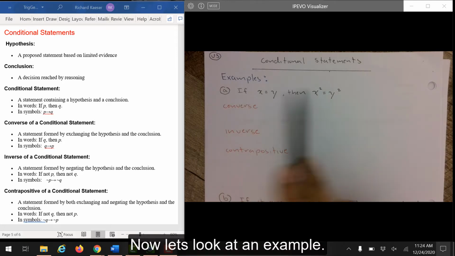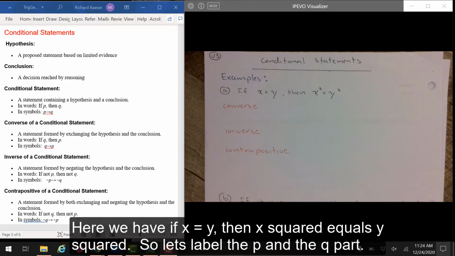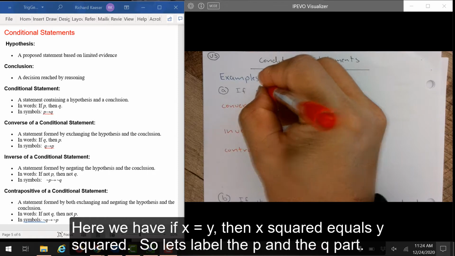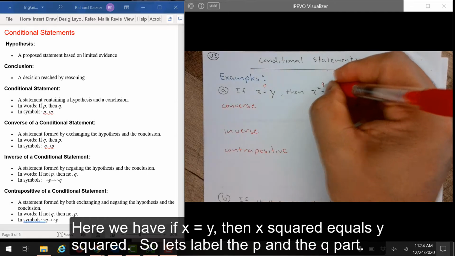Now let's look at an example. Here we have if x equals y, then x squared equals y squared. So let's label the P and the Q part.